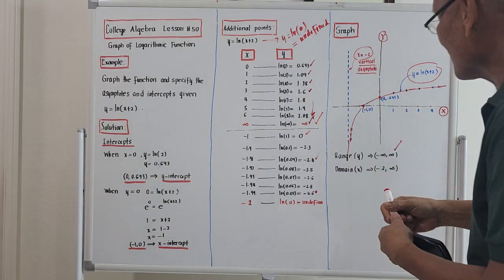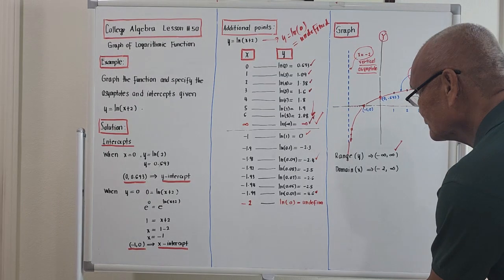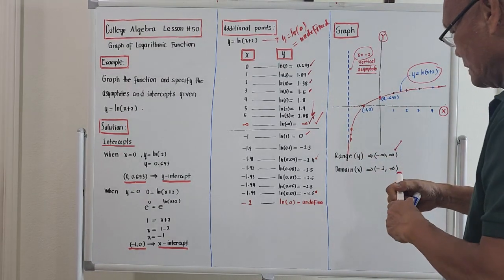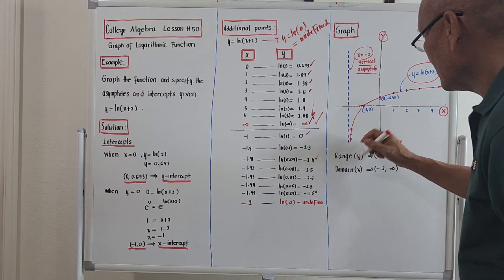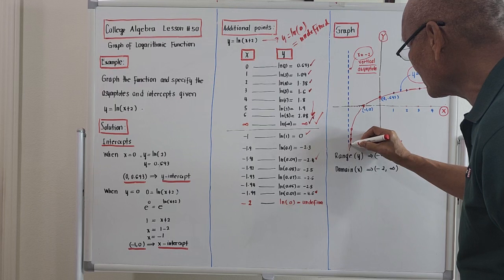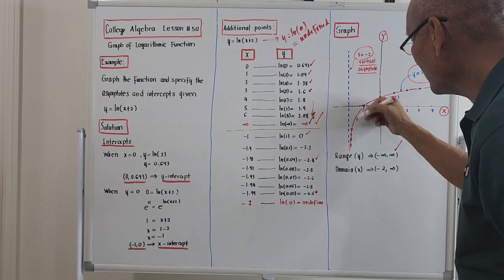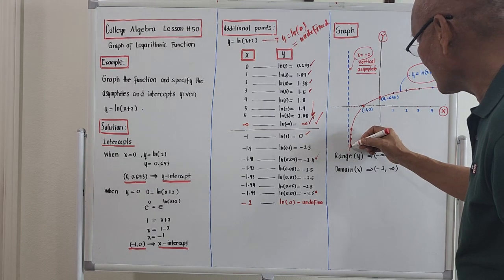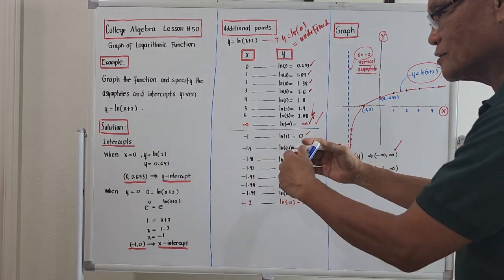The graph is something like this. This is the vertical asymptote. The graph is like that. The vertical asymptote is tangent to the curve, but they didn't touch each other.